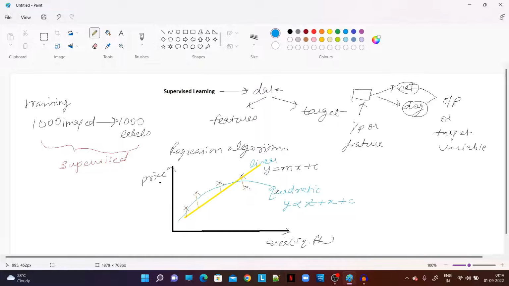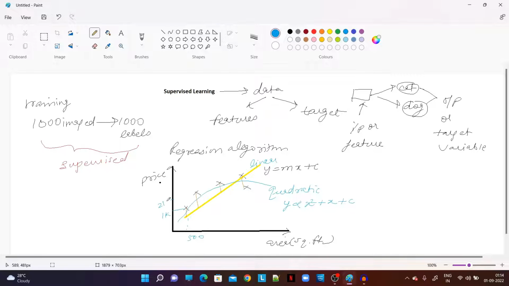If we take an example, if the area is 500 square feet, the value could be suppose $1,000, and similarly $2,000. So we have continuous values here.